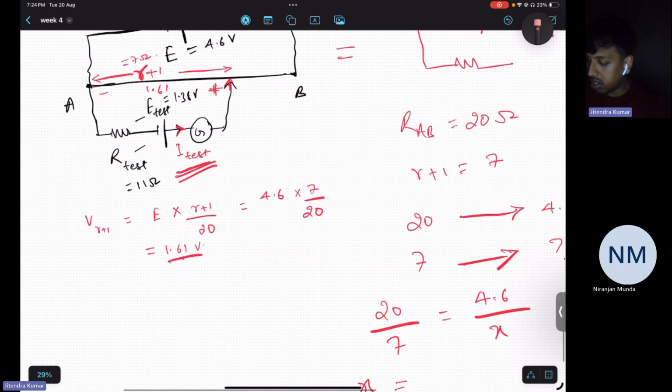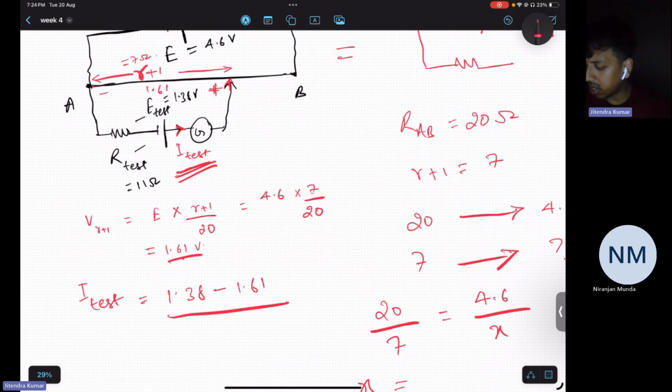So now I test will be equal to E test minus 1.38 minus 1.61 divided by 11 plus R plus 1, 7.